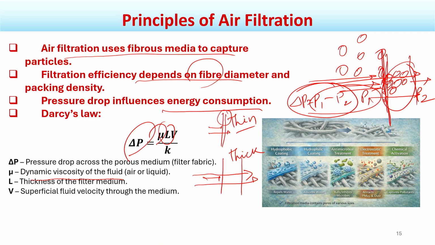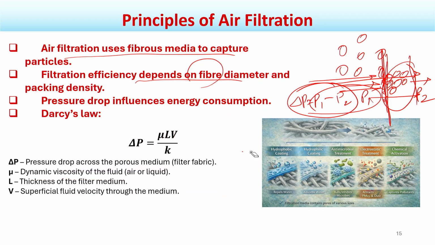V is the superficial fluid velocity through the medium. If we increase the flowing speed, a higher speed will generate a higher pressure drop.